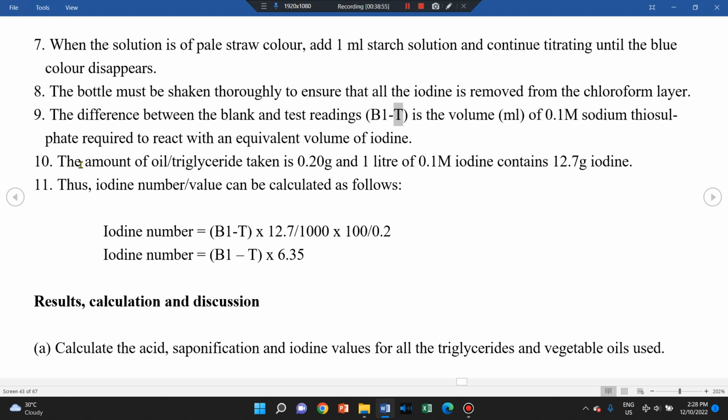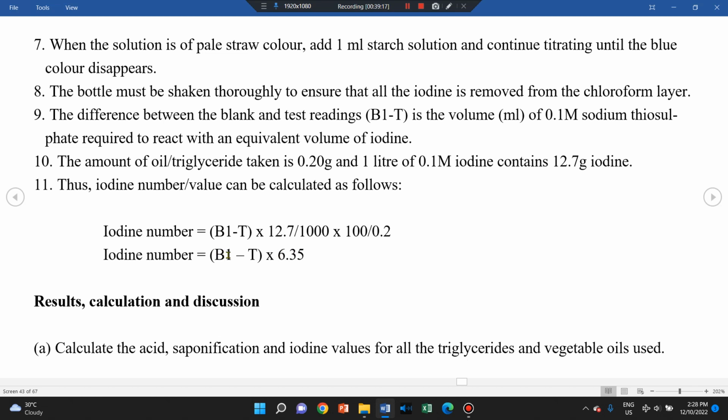Here the amount of triglyceride is 0.2 gram, and 1 liter of 0.1 molar iodine contains a bit of theory. You may just ignore that. Don't worry. You can just use this equation, where all this stands for 6.35.